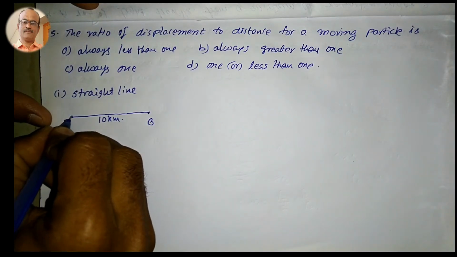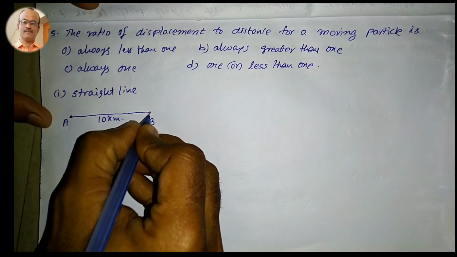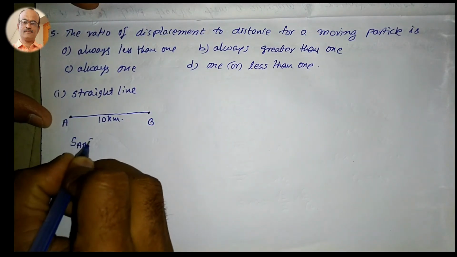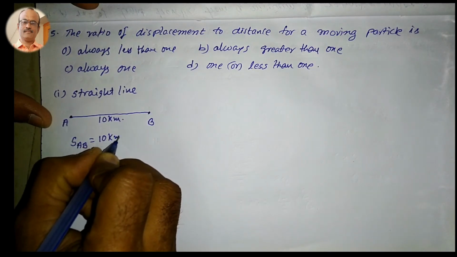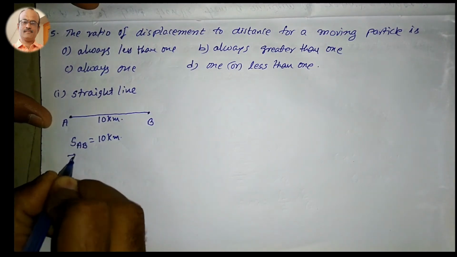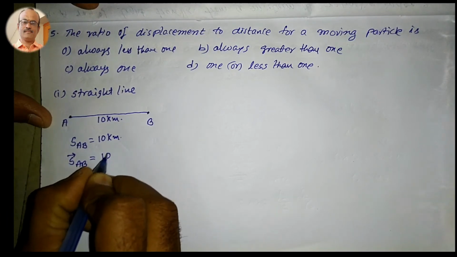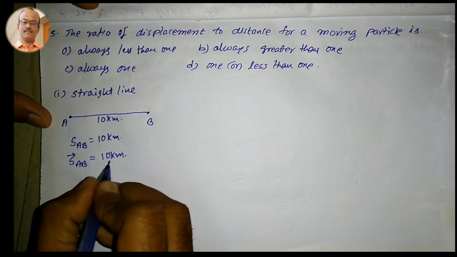So the person starts from here and reaches the point B. So distance of AB is equal to 10 kilometers and displacement of AB, which is a vector quantity, is also 10 kilometers.